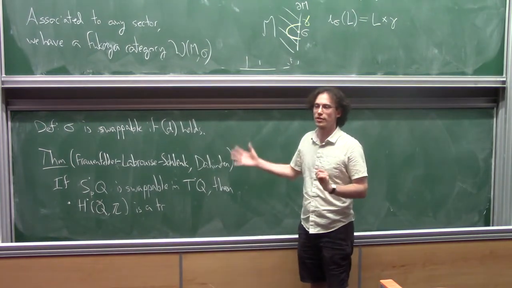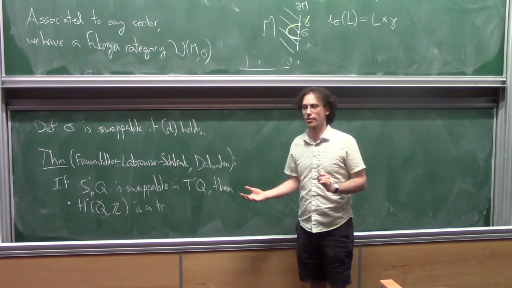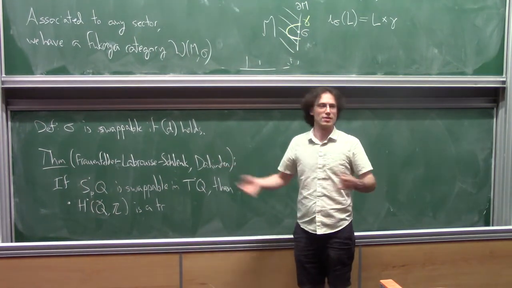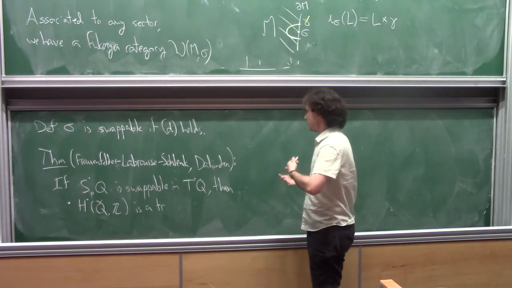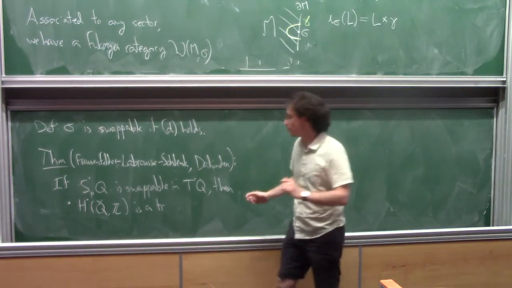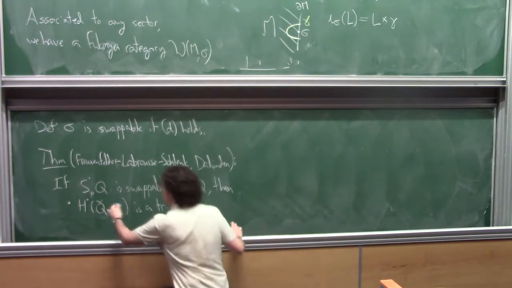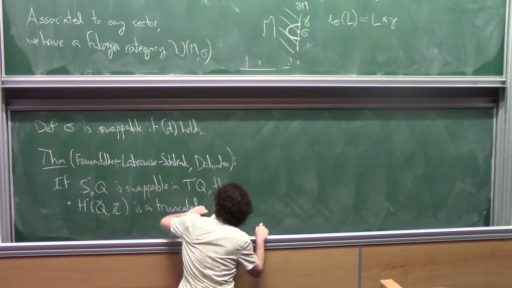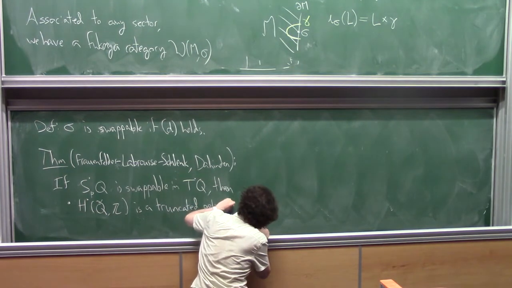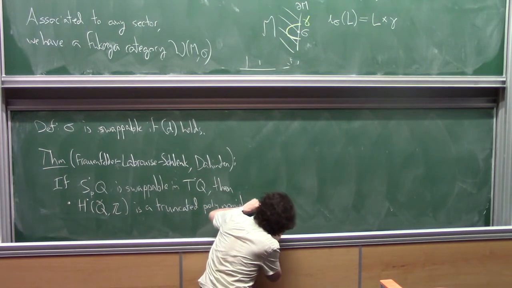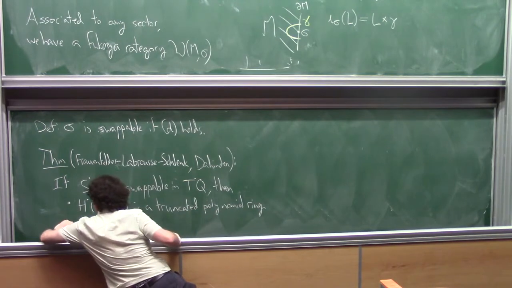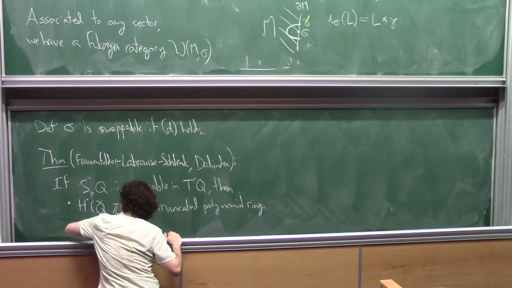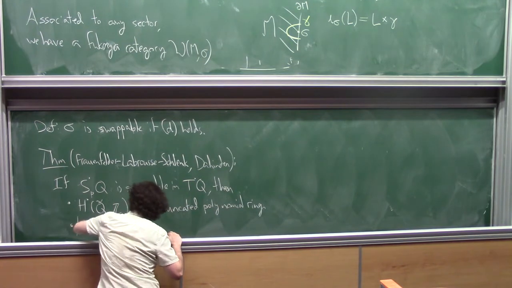This is a symplectic version of the Bott-Samelson theorem, which I won't state. It says the same thing where you replace positive isotopies with geodesics. So that is a truncated polynomial ring. And secondly, pi 1 of Q has order at most 2.